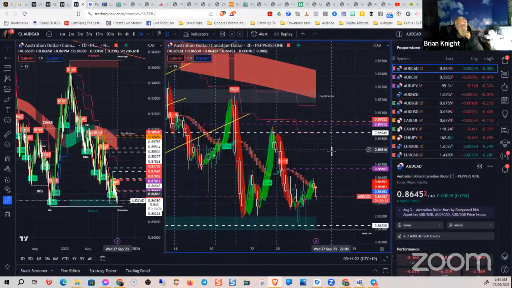The AUD, particularly against CAD, is not strong. There's a lot of stuff going on. So anyway, that's fine not to be in the trade, but we'll just see how that goes now.